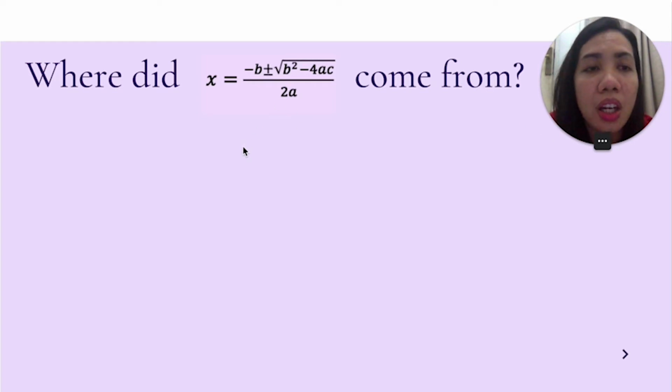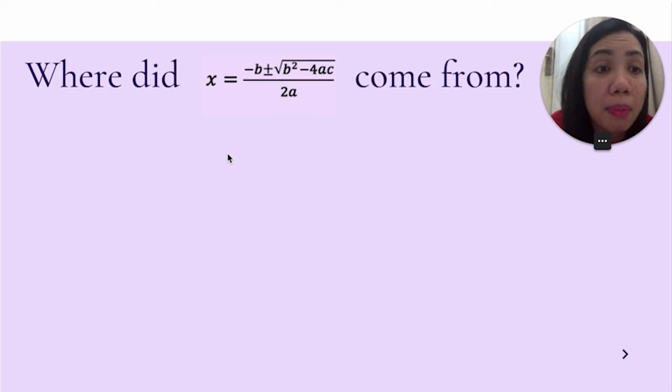This is the third method of solving the quadratic equation, because in the previous video we learned about factorization. That is the first way to solve the quadratic equation, and the second way is completing the square.